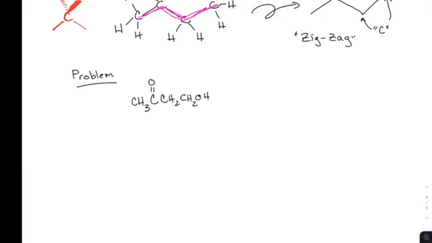Okay. All right. So for a while, you may need to go from the condensed form to the Lewis structure to the line angle, but eventually you're going to be working your way to the line angle form.